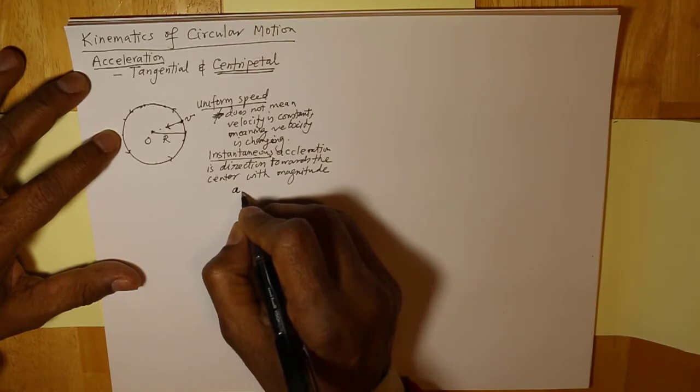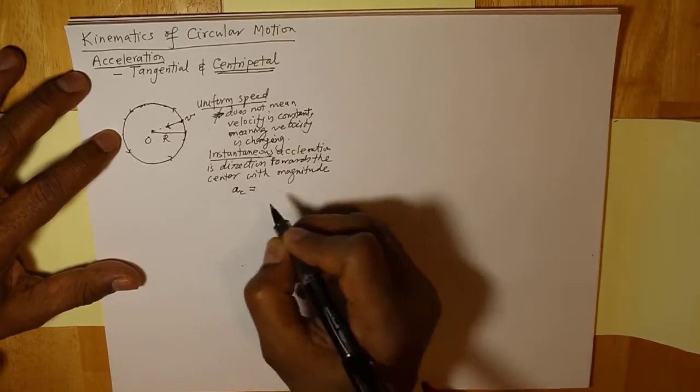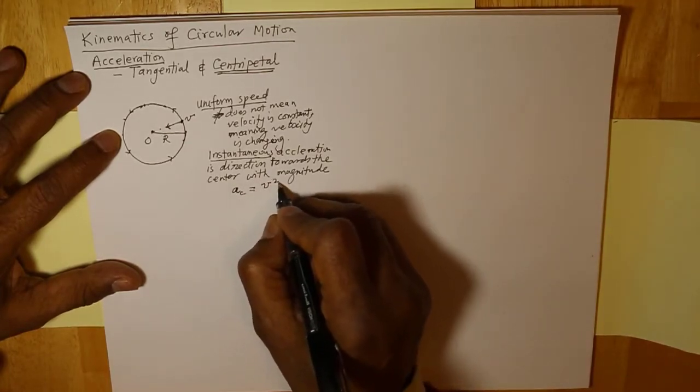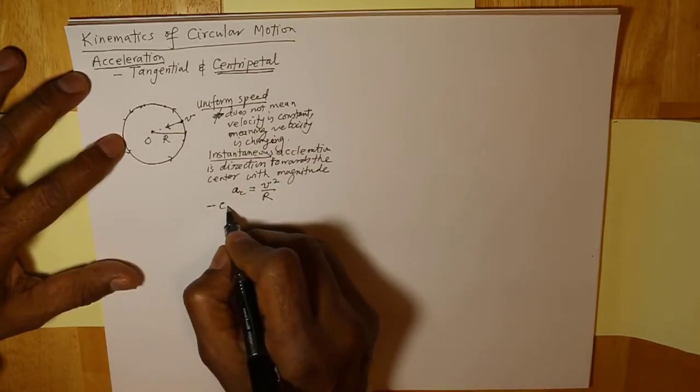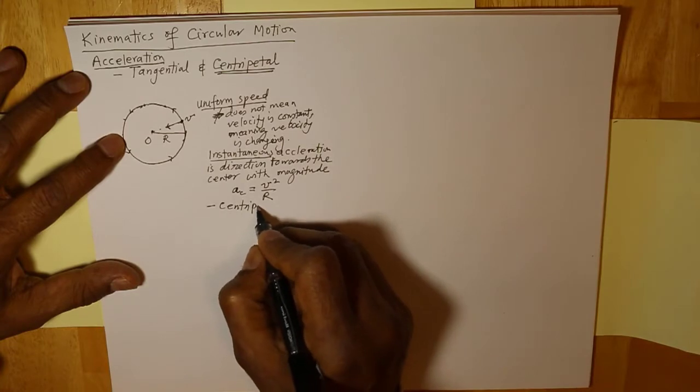We use a subscript c as notation, and the value is v squared over r. And so this is called centripetal acceleration.